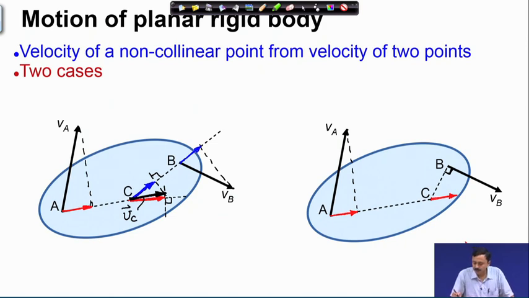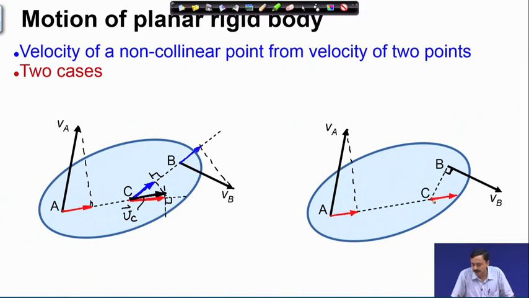Now, what should be the velocity of C along CB? It must be the projection of VB along CB. Since VB is perpendicular to CB, the projection is 0. Now, because this is 0, it means that point C cannot move or does not have any velocity along CB.